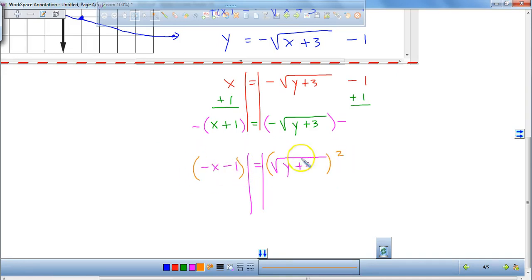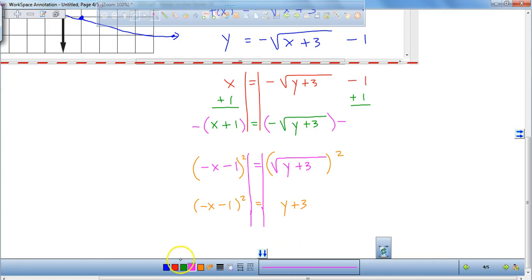So we're going to take both sides and square these guys. So we're going to square both sides of the equal sign. So I'm just going to leave it the way it is. Ready? Equals. And this just becomes y plus 3. All right, cool.